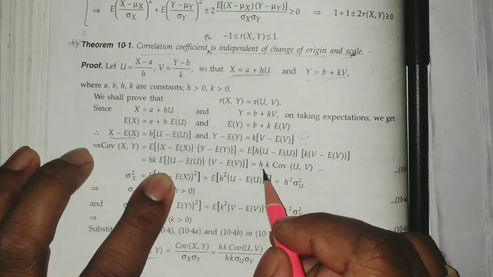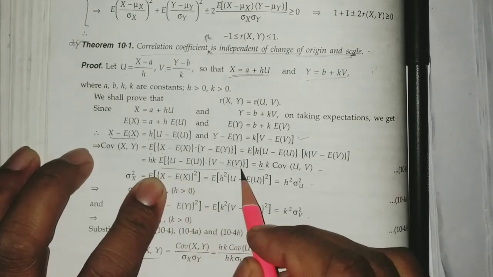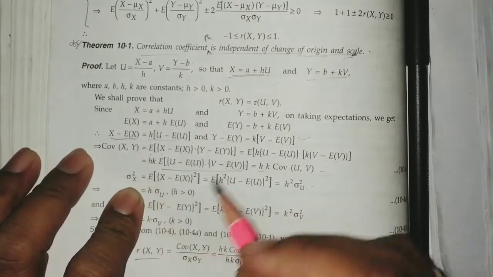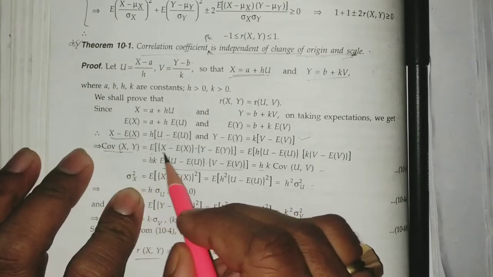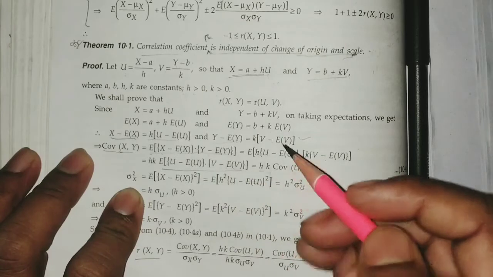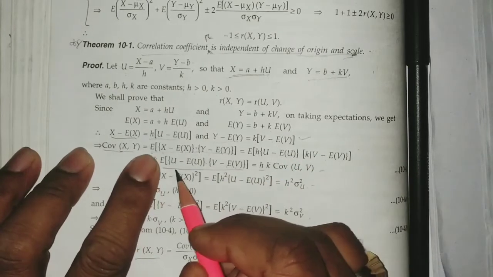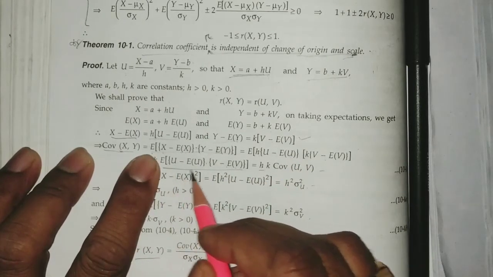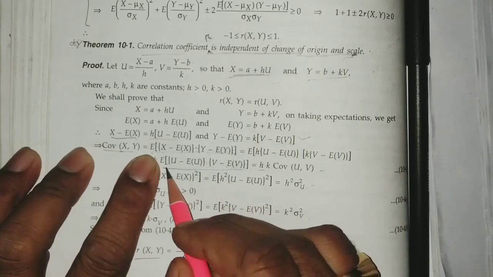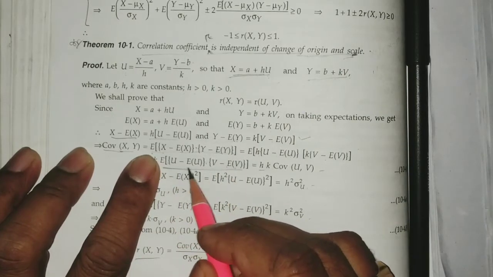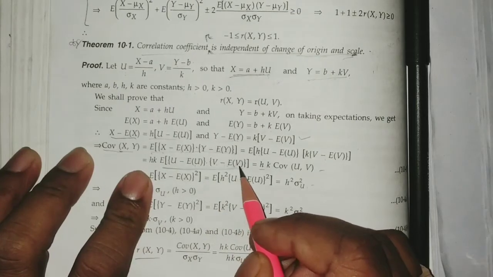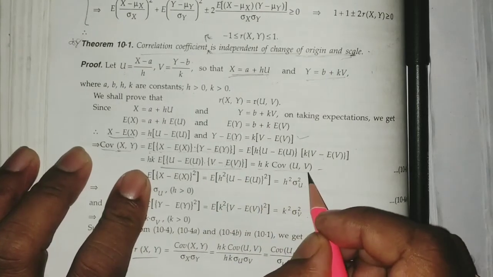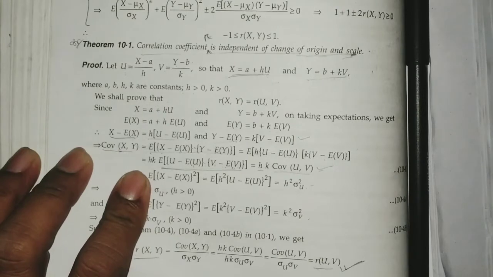So here hk, and this will be nothing but, see, for the random variables xy, the covariance is this one. If we consider u and v as random variables, obviously the covariance of uv will be this one. So the expectation of u minus the expectation of u, into v minus the expectation of v, is nothing but the covariance of uv, right?